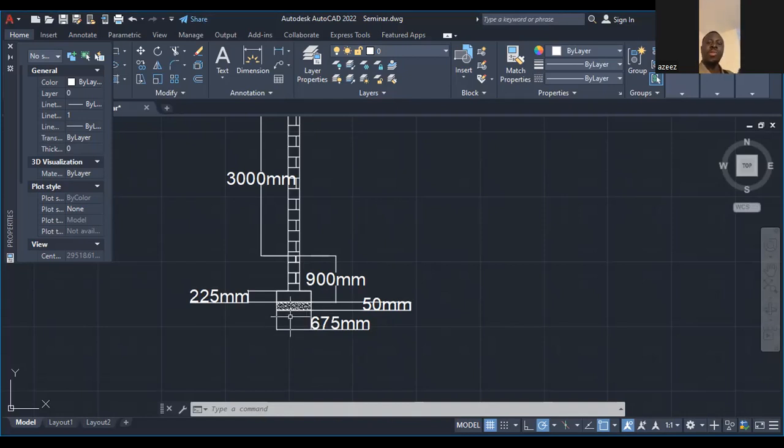They use PCC so that, instead of putting your reinforcement on the bare soil, where there's a likely tendency of movement of moisture from the ground, you put PCC. It contains little cement, so the water will not be able to percolate and touch the iron, so that it will not rust. So that is why most people use PCC before you put your RCC, instead of putting your reinforcement on the bare ground.